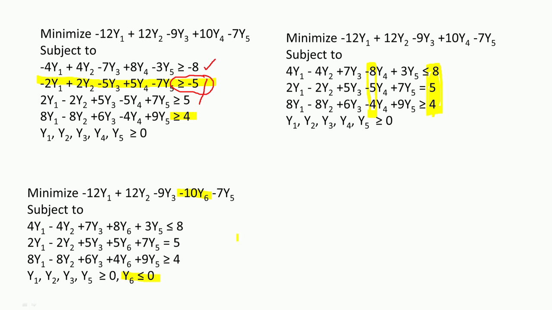The other thing that we observe here is, we see 4y1 minus 4y2, 2y1 minus 2y2, 8y1 minus 8y2. Now y1 minus y2 can be bunched together and can be made as an unrestricted variable.